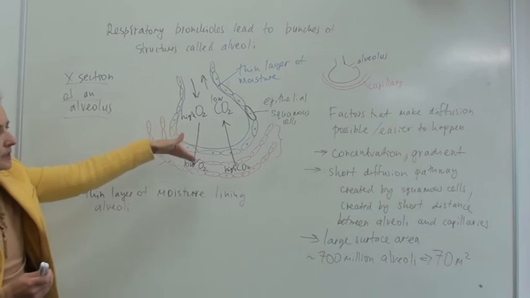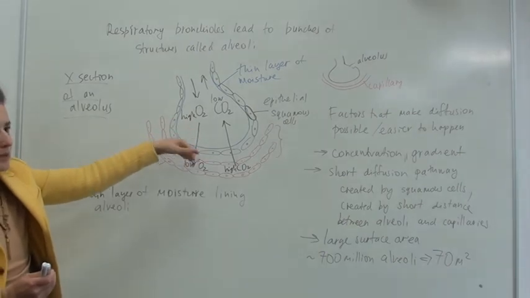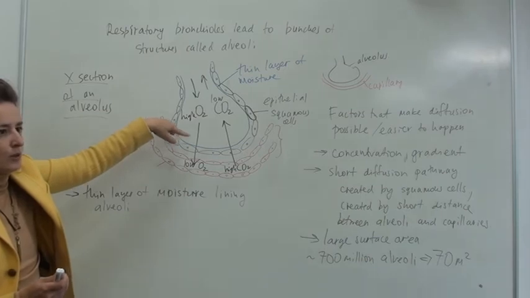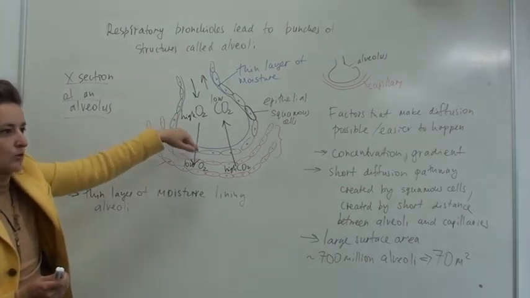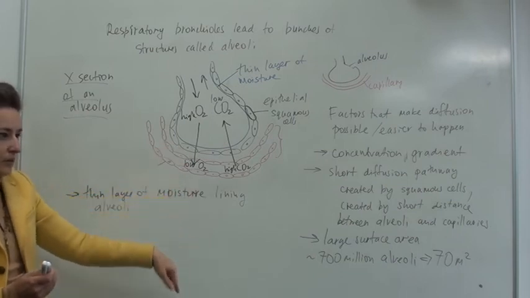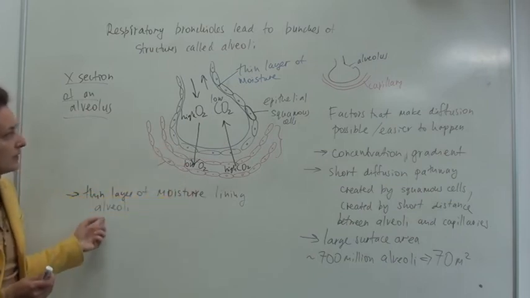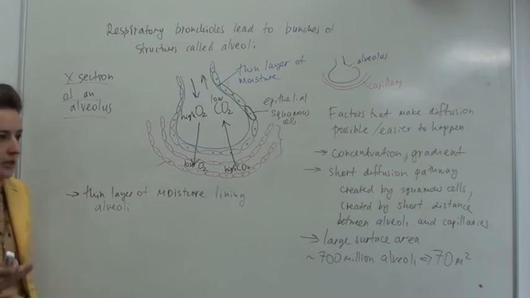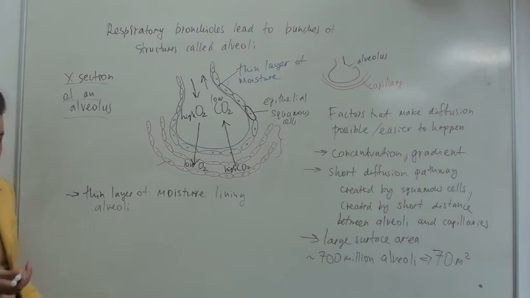So to facilitate this process, that layer of moisture acts almost like a glue for these molecules of oxygen to land on, to start diffusing down into the cells and further down into the capillary. So this thin layer of moisture is also going to initiate diffusion and help this process to occur more efficiently.